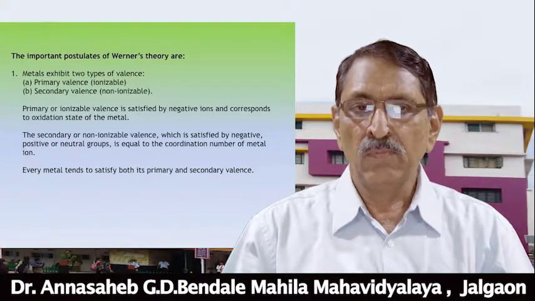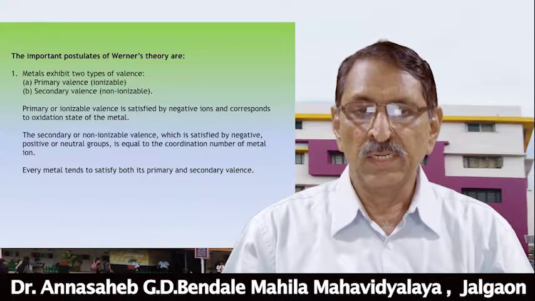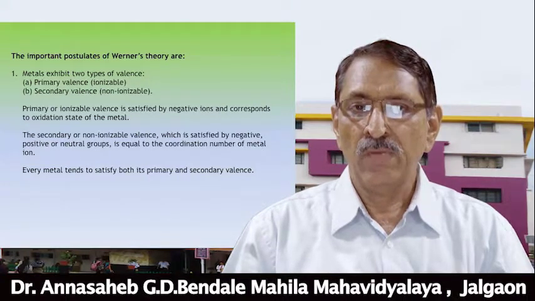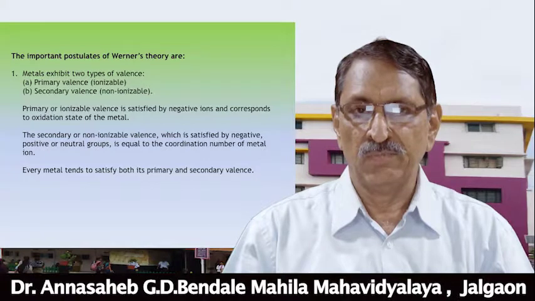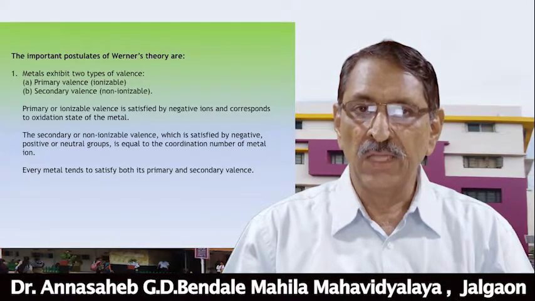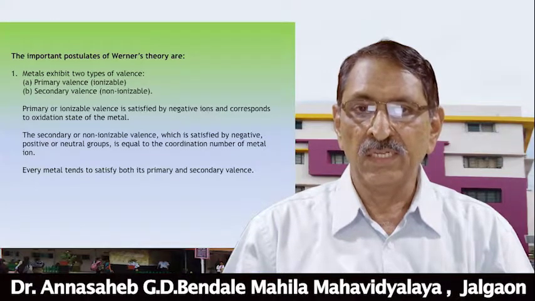The first postulate of Werner's theory is that the metal in a complex compound exhibits two types of valency. The first is called the primary valency, which is the ionizable valency, while the second is called the secondary valency, which is the non-ionizable valency.